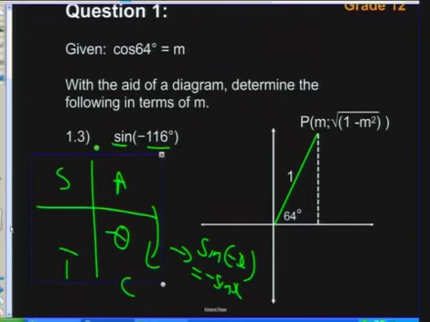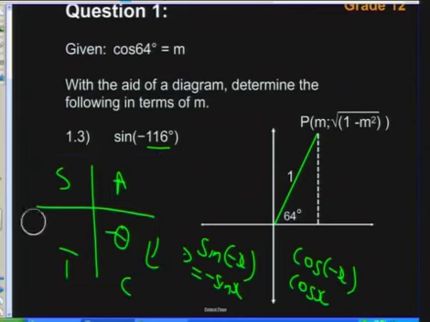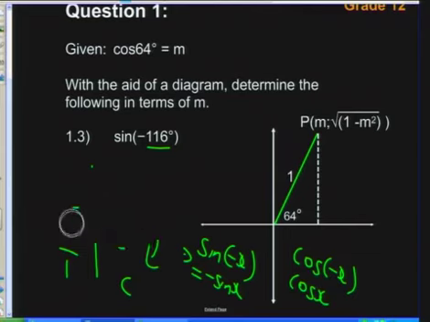It follows also, what is cos of minus x? Where's minus x? Minus x is in the fourth quadrant. Therefore, cos will be positive. So this is cos of x. Okay, guys, so let's see what I can do with this. So I have minus 116.